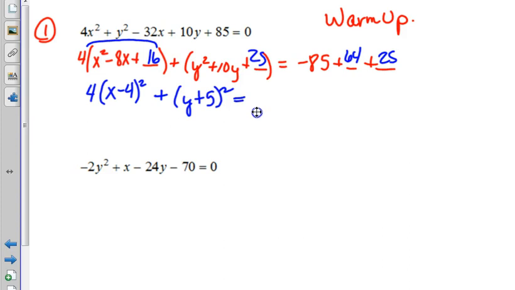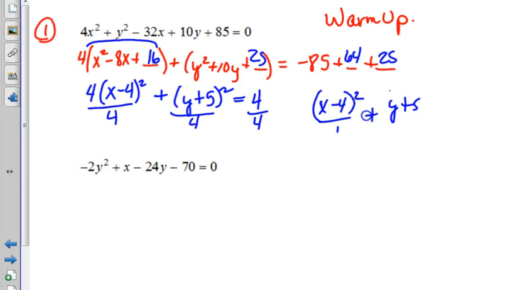What is that? Then? So we get x minus 4 quantity squared over 1 plus y plus 5 quantity squared over 4 equals 1. Conic. Eccentricity is going to be c over a. It is an ellipse.